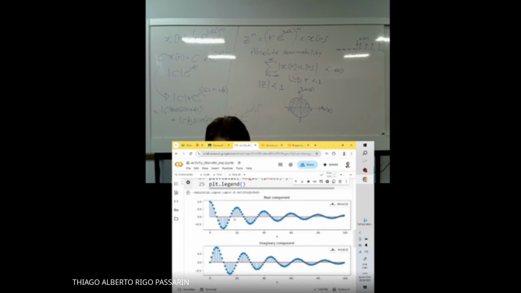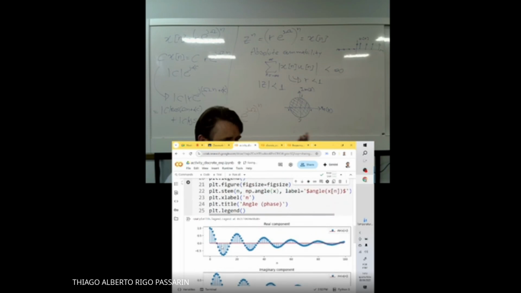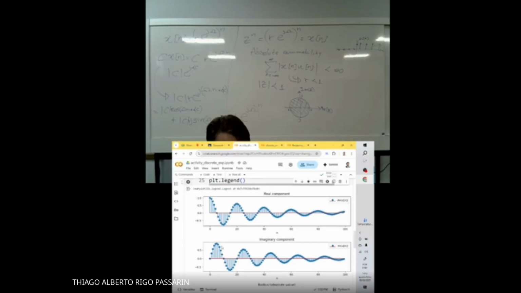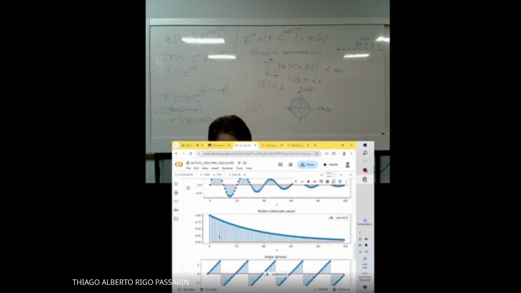Here it is. Real part, imaginary part. What can we say already about this sequence? About its z to the n. What can we say about z? Well, the radius is smaller than 1. That's one thing we can assure.